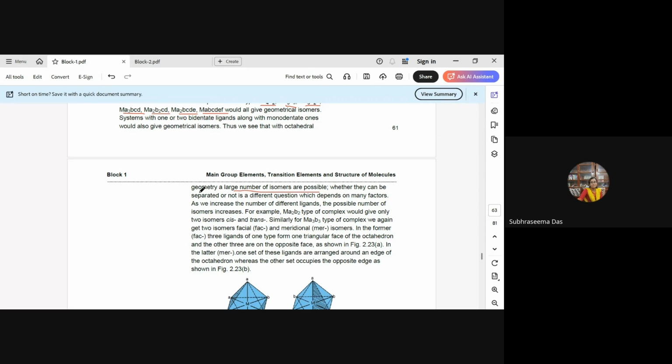Whether they can be separated or not is a different question, but the possibility of a large number of isomers can be seen with octahedral geometry.